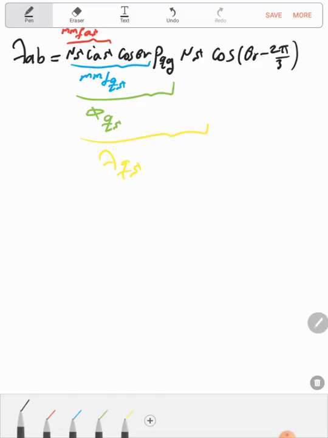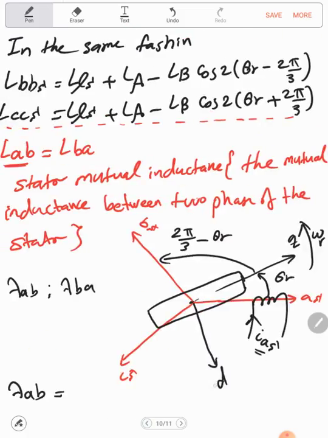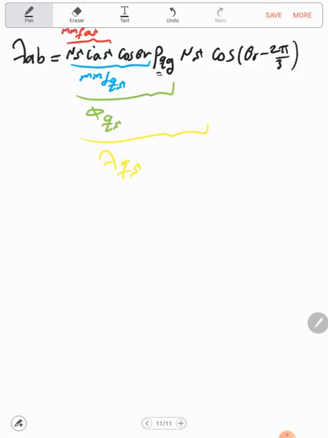But remember, here we have two components, one in the QS and the second one in the DS. So here also we have plus NS IAS sine theta r PDG cosine.